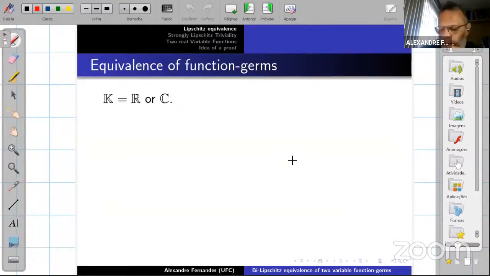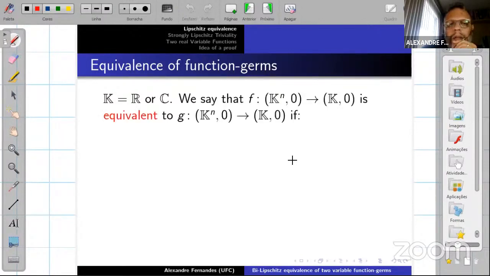At the very beginning of the talk, I will talk about equivalence of function germs in R or C. K for me means R or C, the real numbers or complex numbers. Suppose you have two germs of functions defined in K^n.